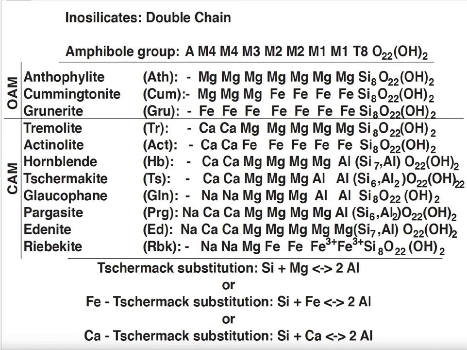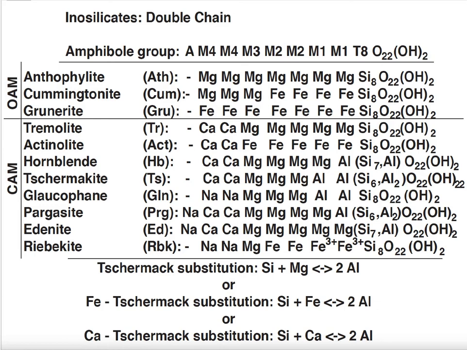Then all of them have 22 oxygen, and they have 8 tetrahedral sites. So amphiboles can also be subdivided like the pyroxenes into orthoamphiboles and clinoamphiboles, and they are showing a huge variation of exchange vectors.